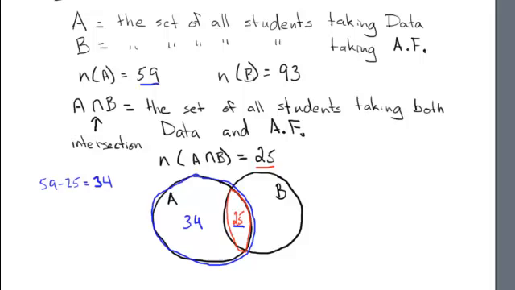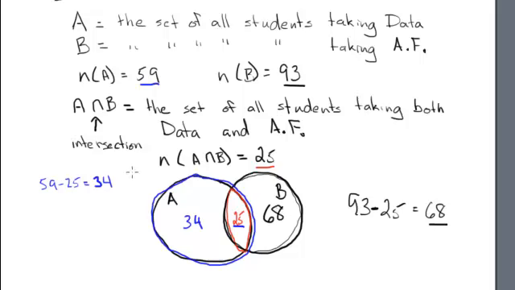And then similarly, I can use black for this one. This is B. So the total number in all of B must add up to 93. We already have 25 that are already in B. So 93 minus 25 is 68. So the 68 will go in this section. So that's our Venn diagram.